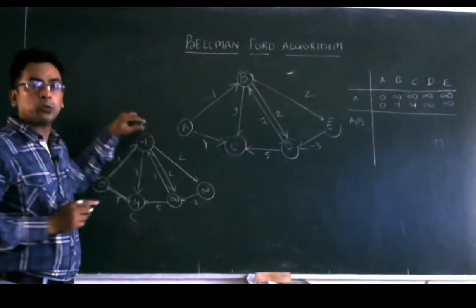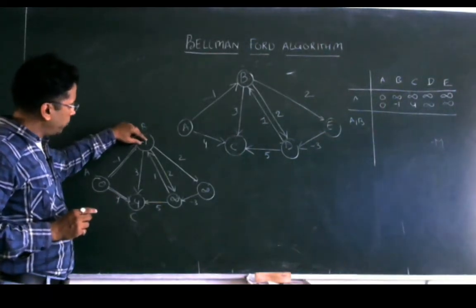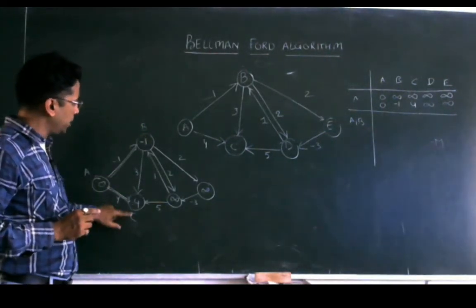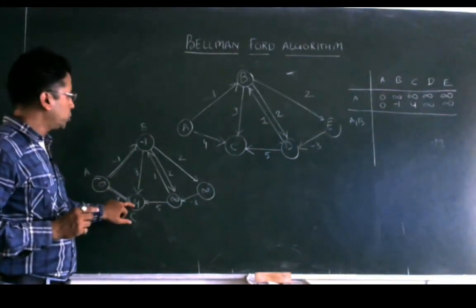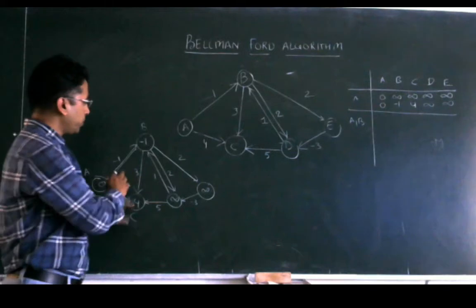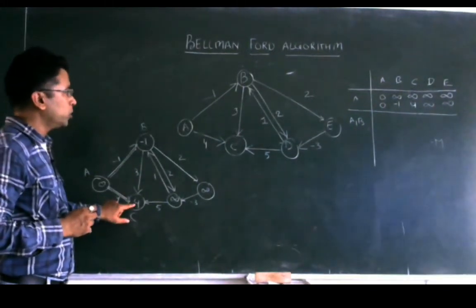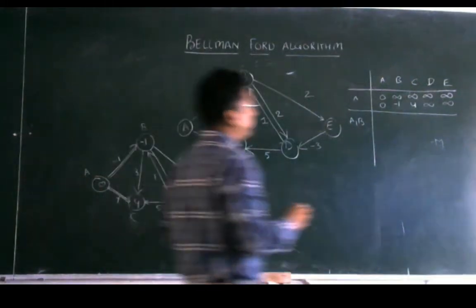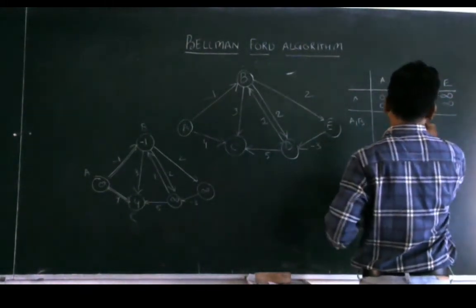I shall choose this node, and through node B there is an edge which can relax node C by value of minus 1 plus 3, which is 2. So 2 is smaller than 4. Minus 1 plus 3 is equal to 2 and 2 is less than 4. So this will be relaxed, instead of 4, minus 1 plus 3, 2.